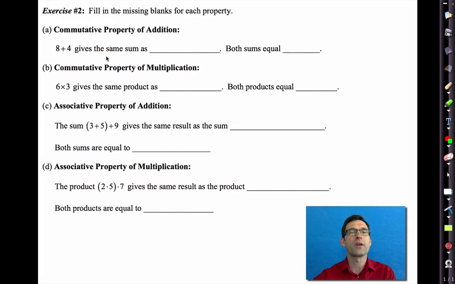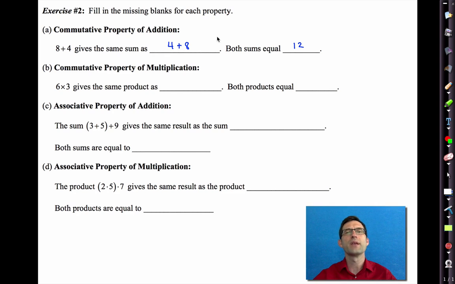8 plus 4 gives the same sum as 4 plus 8. In other words, it doesn't matter whether I do 8 plus 4 or 4 plus 8, I get the same answer, which is of course 12. The commutative property of addition. When I'm adding two numbers, just two, I can add them in either order that I want, right?